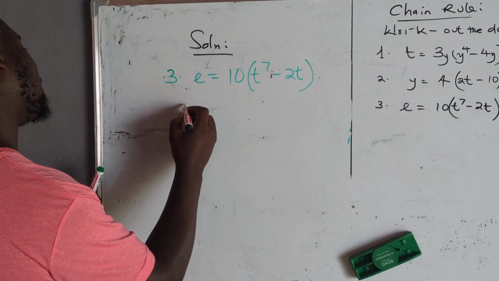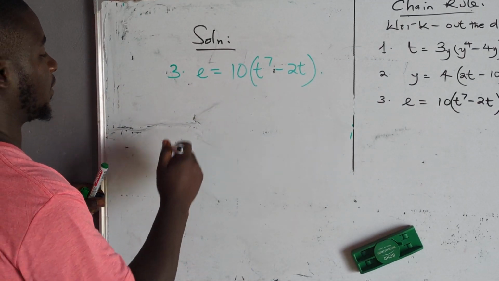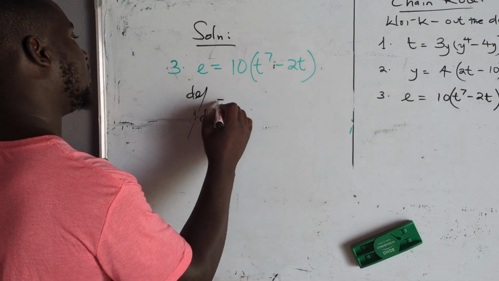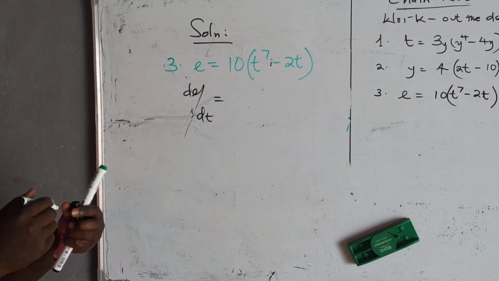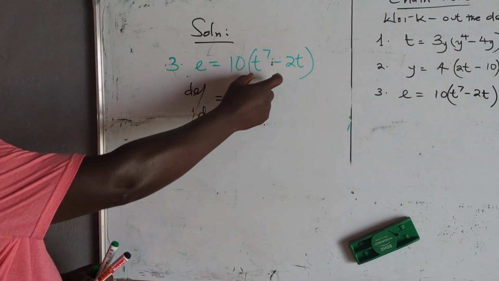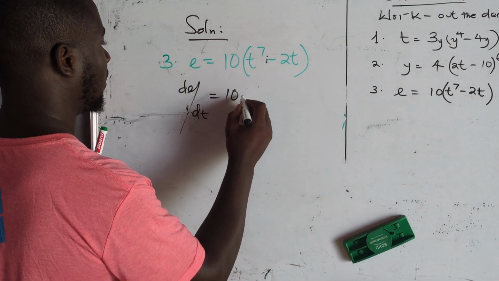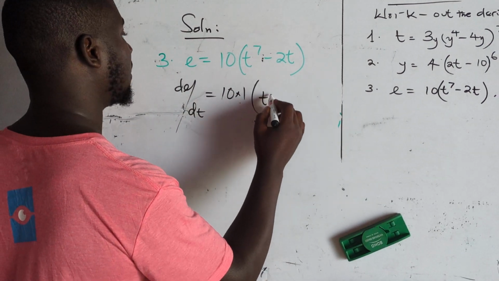So here we're going to have, it's a function of E with respect to T, so we're differentiating in that order. So we're going to say dE dt is equal to, now, if you look at the overall power of this function in the brackets, it's just 1. So we're dropping the 1 and the 10, right? So that 10 multiplied by 1, then you maintain the function like that.